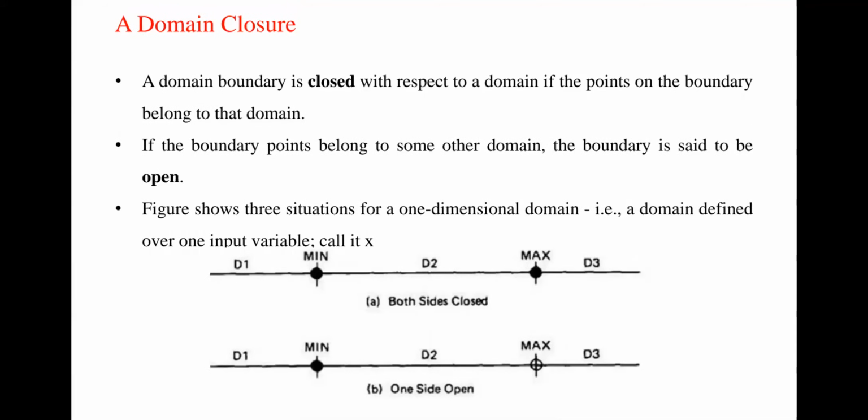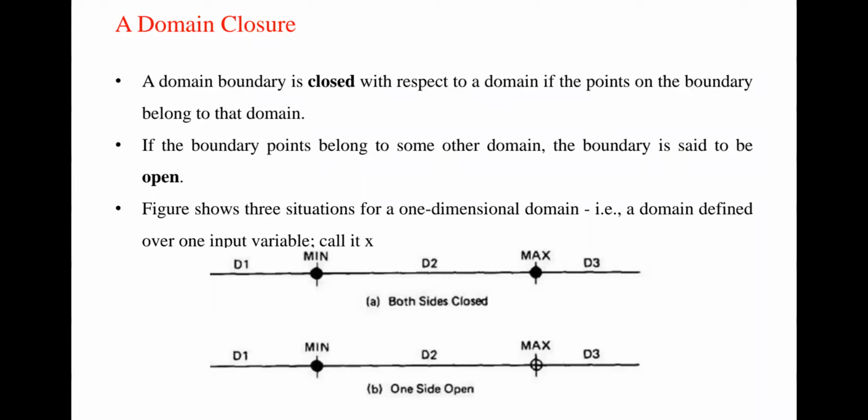So what does domain closure mean? The domain boundary is closed when, as you see here, the two dots are represented in solid black color. Whatever points are closed give the differentiation between one domain and another. The D1 domain and D2 domain do not interfere with each other. Yes, there is a separation called the boundaries.